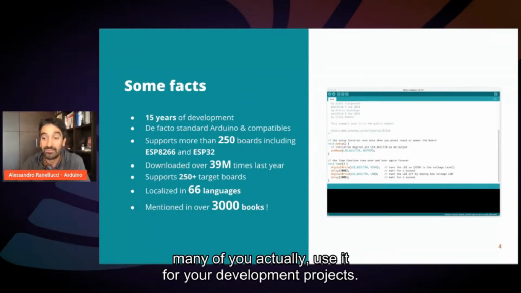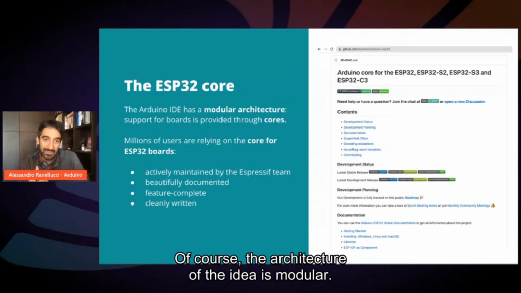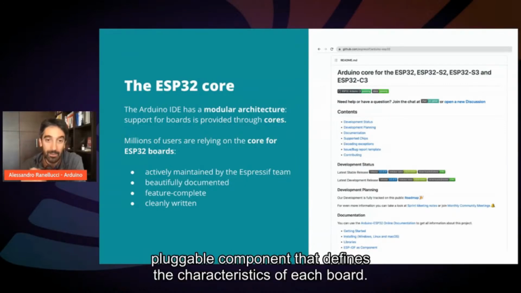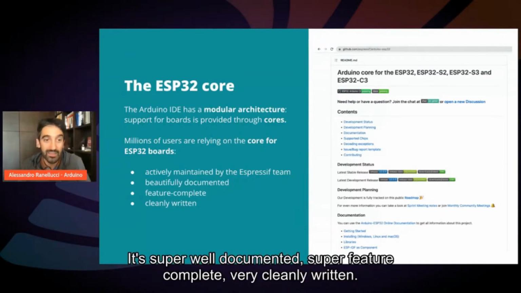for your development projects. Of course, the architecture of the IDE is modular. So for each family of boards, there is a core, which is a pluggable component that defines the characteristics of each board. In case of ESP32, the core is maintained by the Espressif team. It's super well documented, super feature complete, very cleanly written.